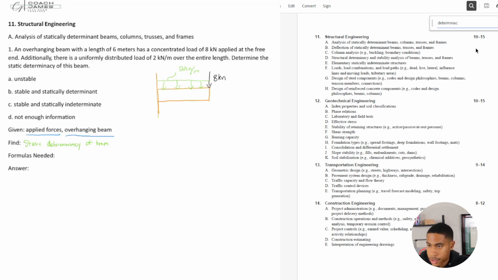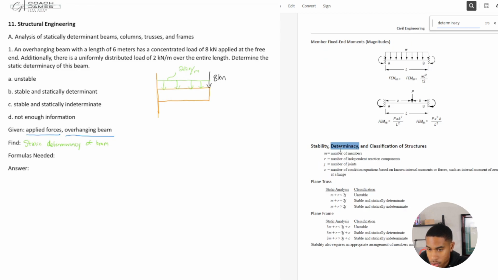If I search determinacy, there are 3 things that come up: stability, determinacy, and classification of structures.